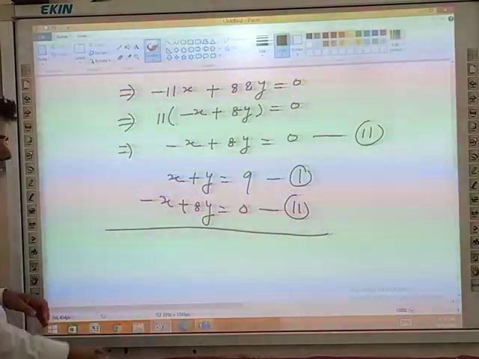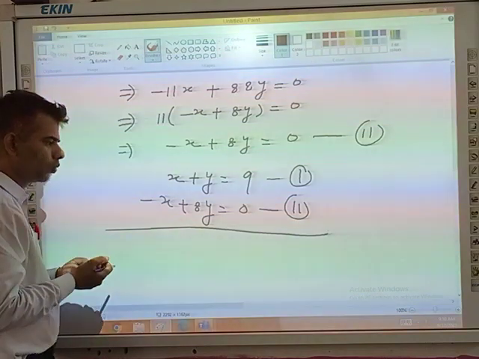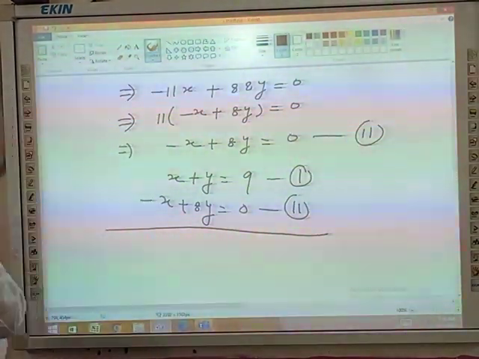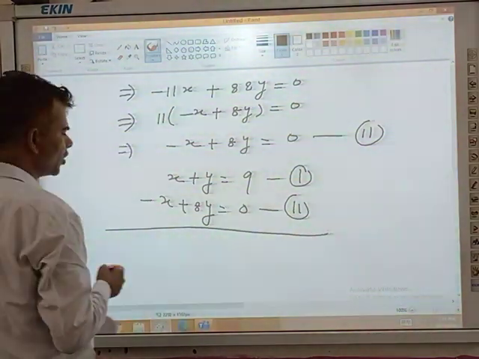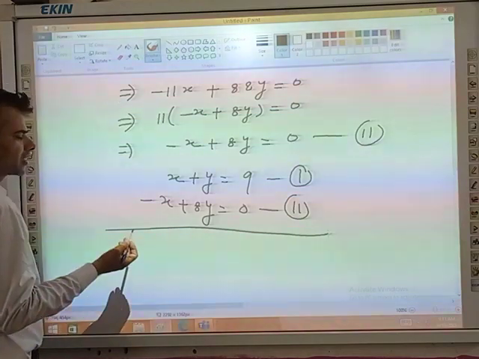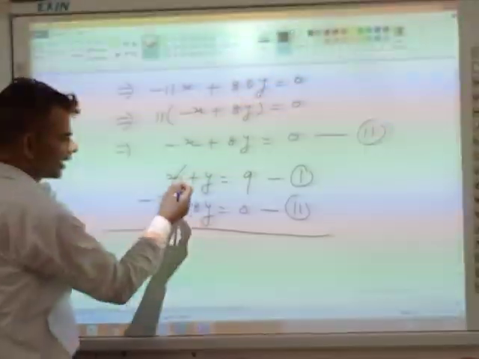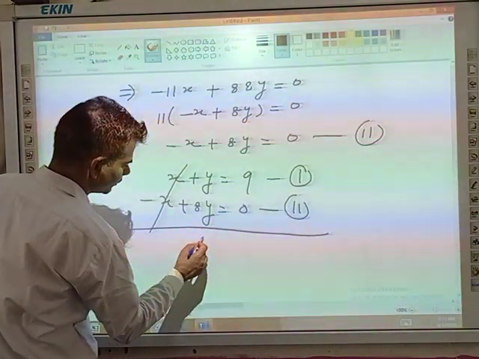Here you observe that the coefficient of x is 1, so no need to multiply. First of all, we will eliminate x by the elimination method. That is, adding the equations, x cancels out, and y plus 8y remains. Yes students.